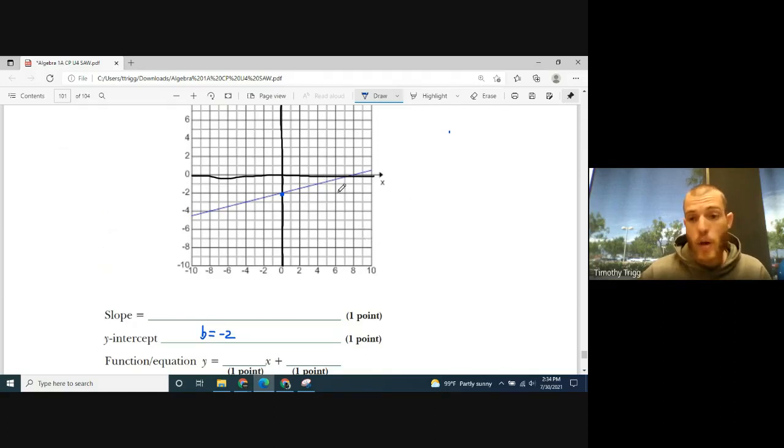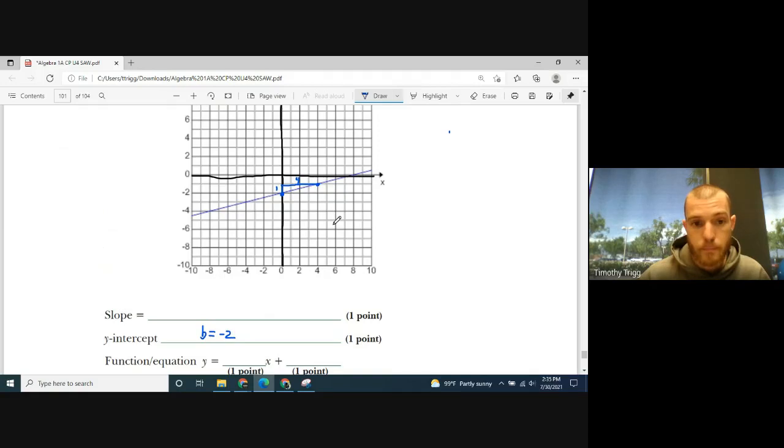If I have the graph, I don't have to do that y2 minus y1. Of course I can just grab 2 points and do that. But instead, I can use any 2 points on the graph and just do the rise over run. So in our case, we rise 1 and we run 4.